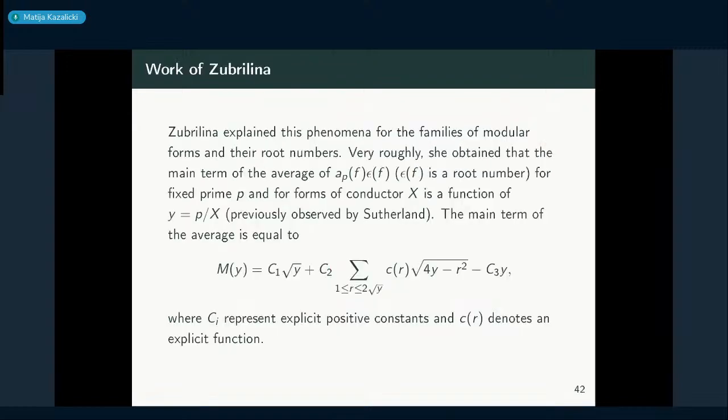And also, very recently, Zubrilina explained this phenomenon for the families of modular forms and their root numbers.